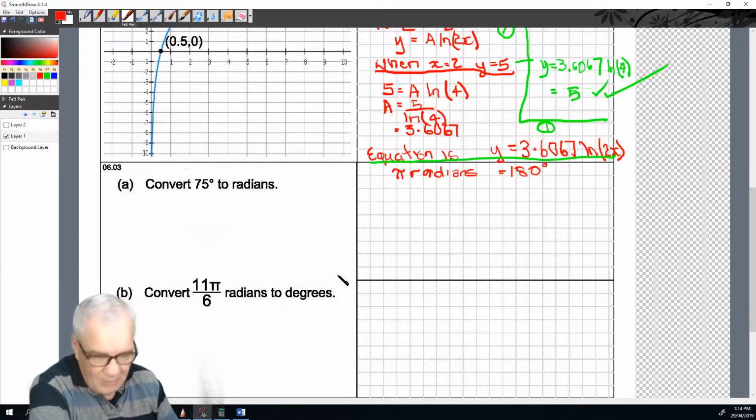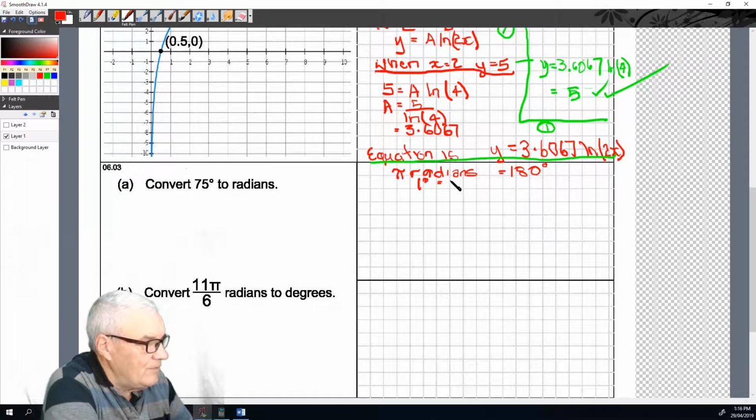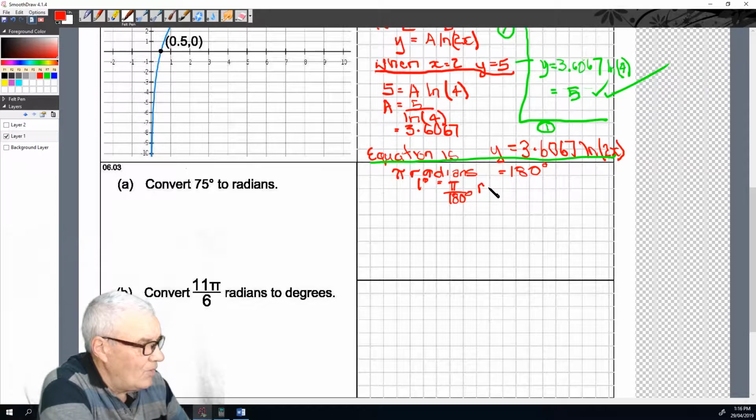Right? So 1 degree must equal pi over 180 radians.